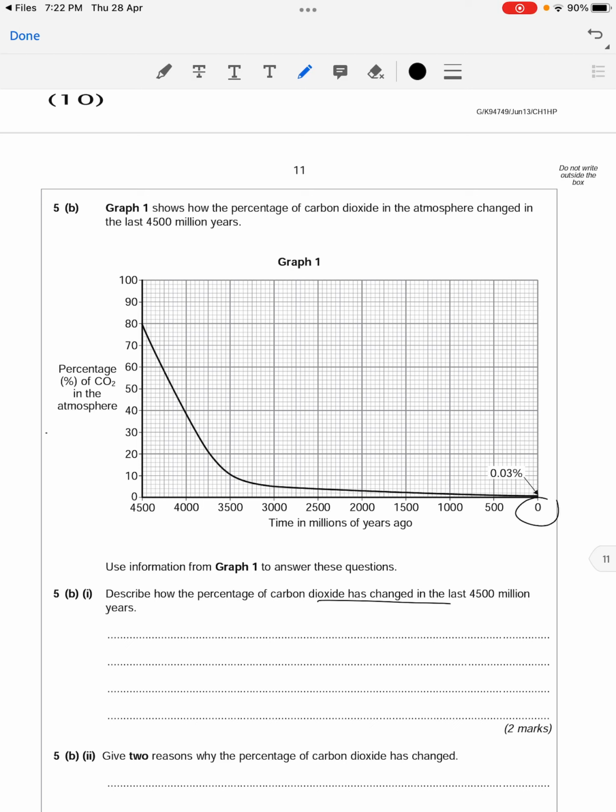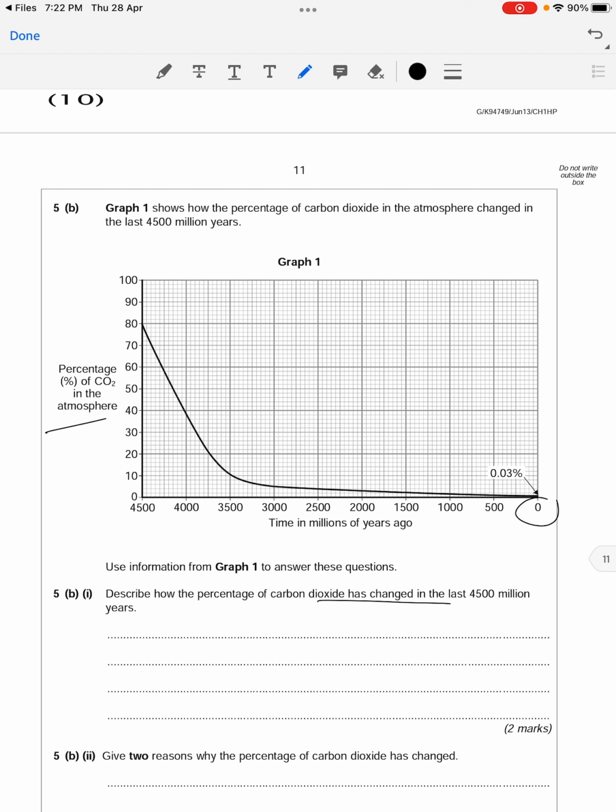As you can see, the percentage of carbon dioxide in the atmosphere seems to increase with an upward trend, right? But remember, we're going by time in million years ago.